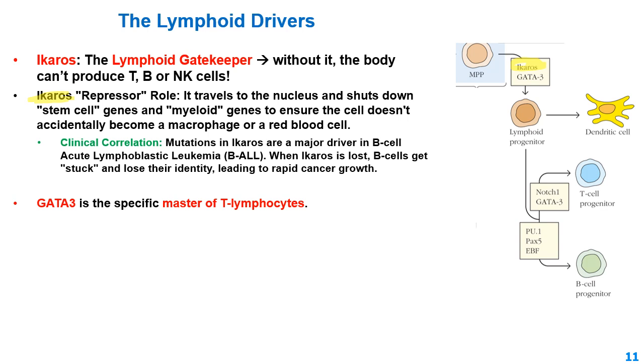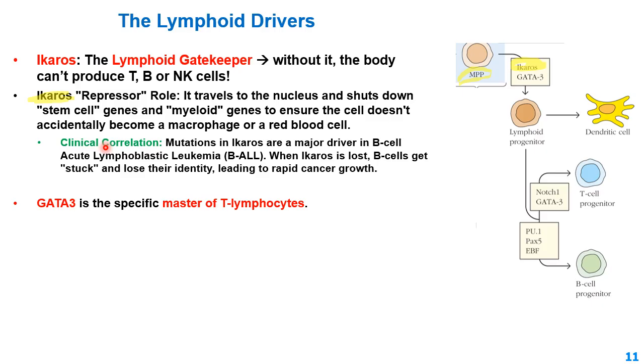If Ikaros is not there, this guy could change his mind and express something else and become a myeloid. But no, once you express Ikaros, this is it. The cell cannot change its mind. It cannot become myeloid. It has to be the lymphoid path. Okay. So Ikaros is very, very important for lymphoid.